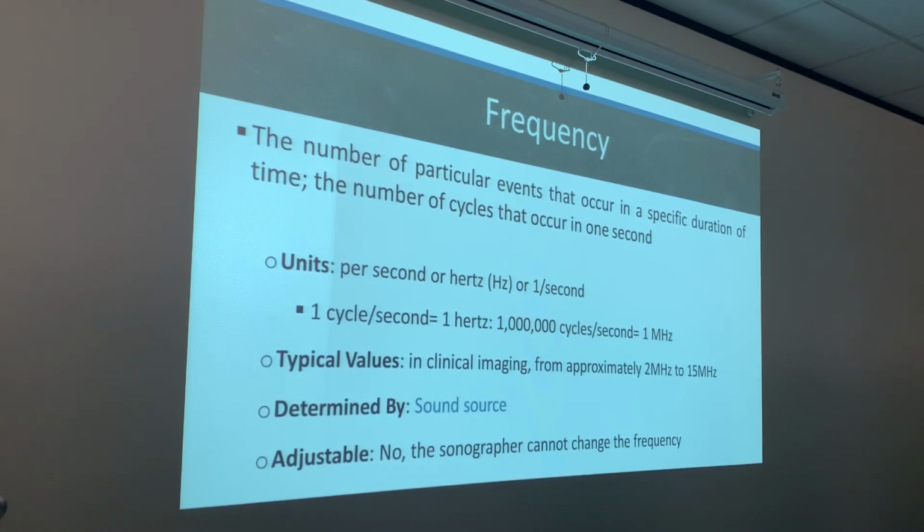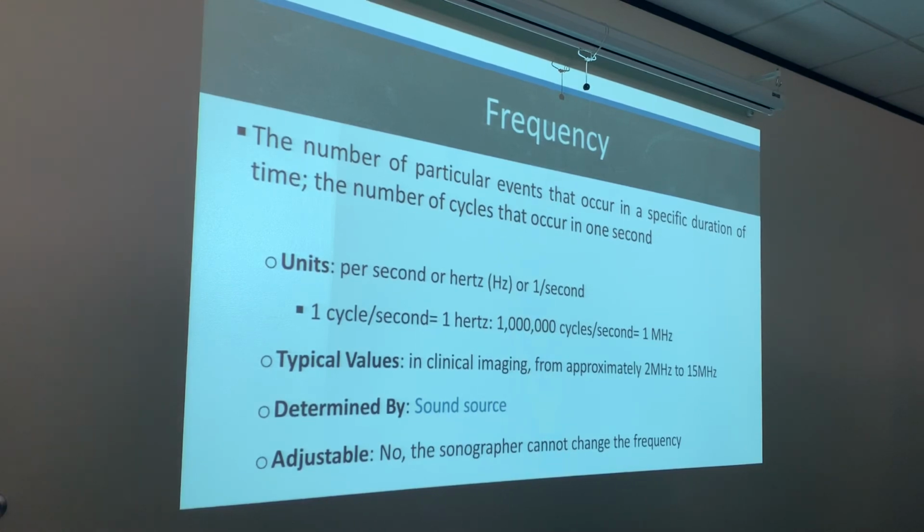Okay. So you have to know your units. You have to know those prefixes that we previously learned in the last chapter. The 2 megahertz, the 15 megahertz, that is the what? In diagnostic ultrasound, those are our typical values. So when you think about our transducers, don't they all range between 2 to 15 megahertz?